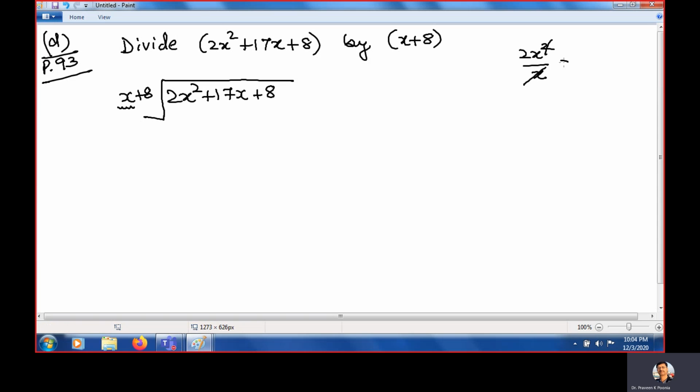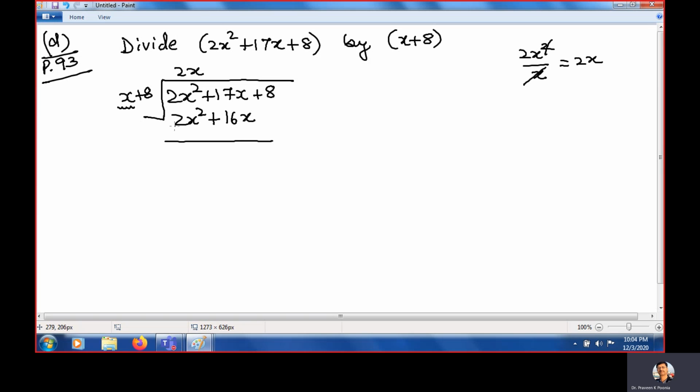So x cancelled by x. What will we get? 2x only, since x squared by x is x. So you need to start your division with 2x. 2x into x is 2x power 2, plus 2x into 8 is 16x.